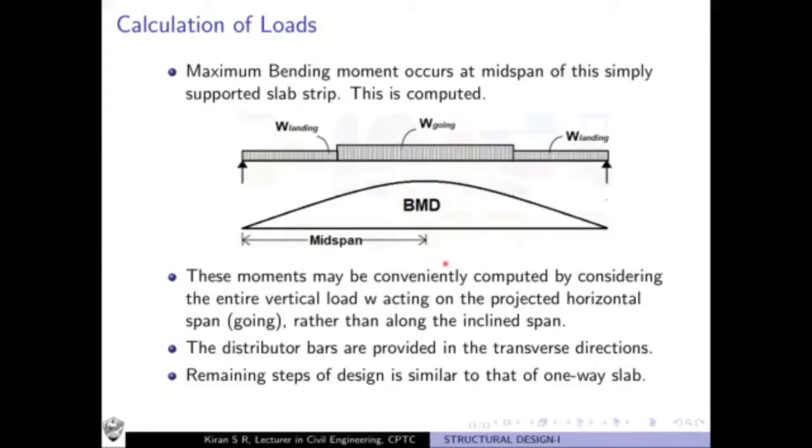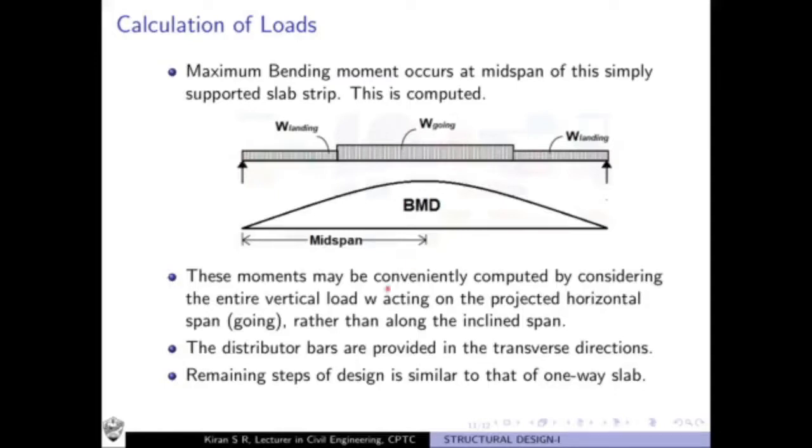Okay. In case of one-way slabs for simply supported conditions, we said that the maximum moment to be resisted was WL square by 8, but here it is not possible to use that equation because the loading is not uniform throughout the entire length of this slab. You have different loads separately on landing as well as goings.